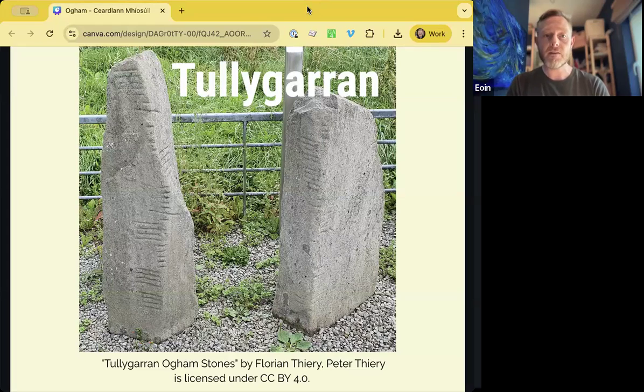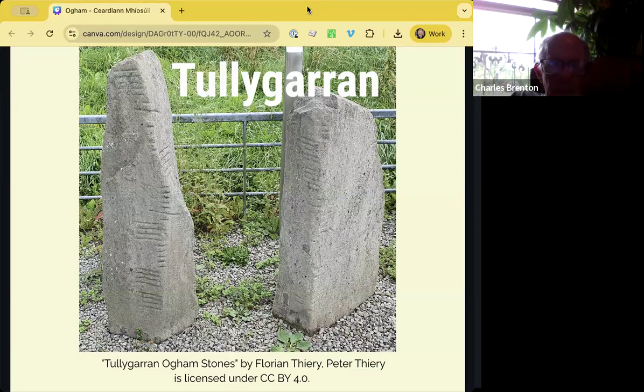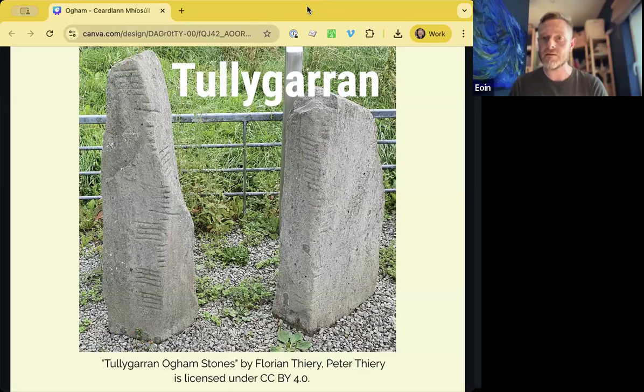So these two Ogham stones, they're the Tullygaron grove, I guess. They're east of Tralee in County Kerry. In 1848, these were exposed by a big storm out in the Dingle Peninsula. 1848, so kind of warm, bothersome weather that really affected the potatoes.